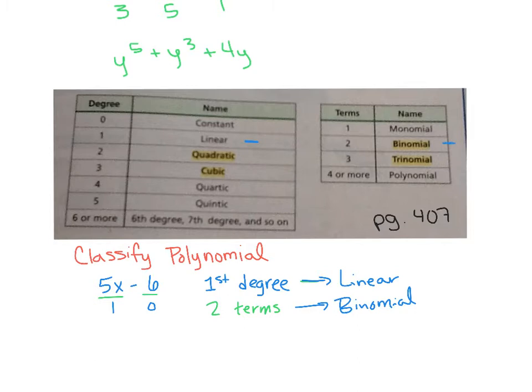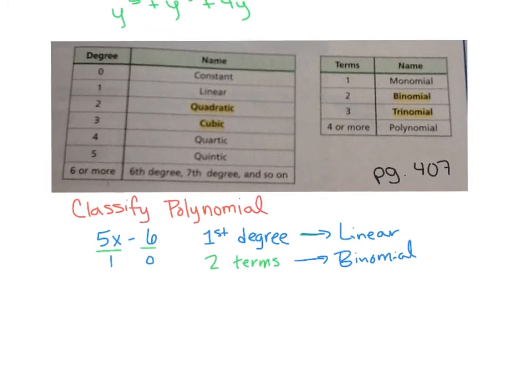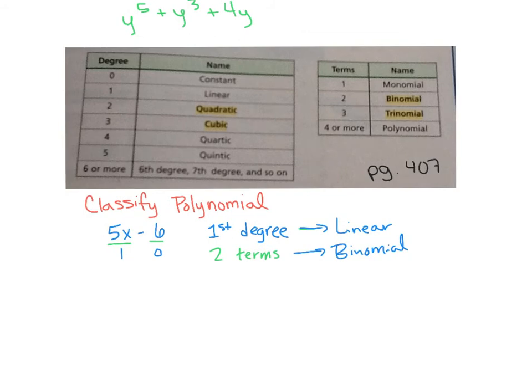So if they give you another one, my screen is not working, so that's cool. There we go. And they say it is y squared plus y plus 4.